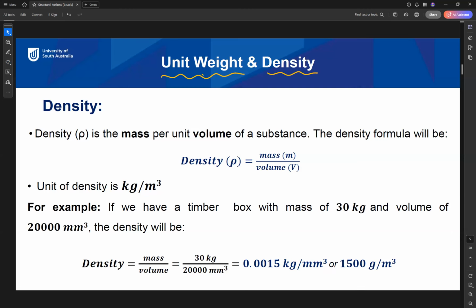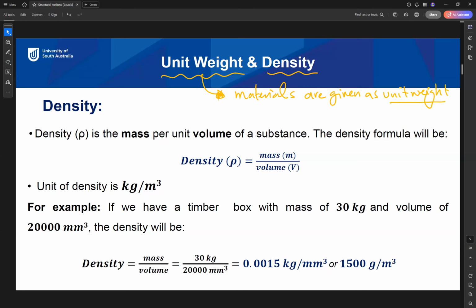As you noticed in our last week's class, the construction materials are given as unit weight.